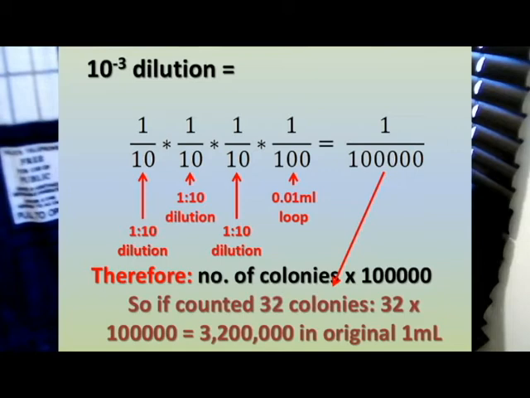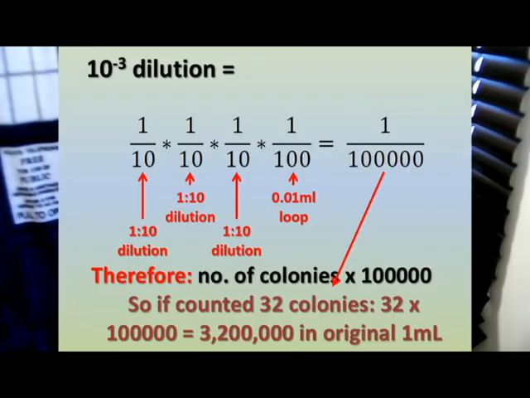If your calibrated loop was 0.001 mils, then you would have 1 over 1000. I hope that straightens that out. So 1 over 10 to the power 3 times 1 over 100 gives you 1 over 100,000. And then let's say you counted 5 colonies on your plate, you would multiply 5 times 100,000 to get the true number of colonies in your original substance sample.